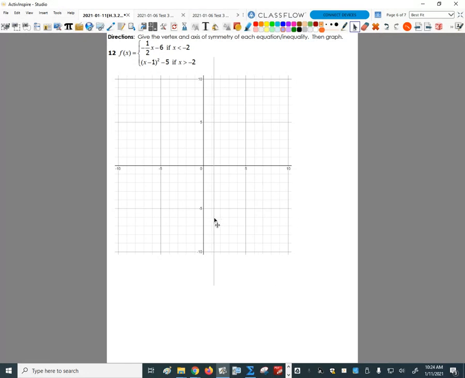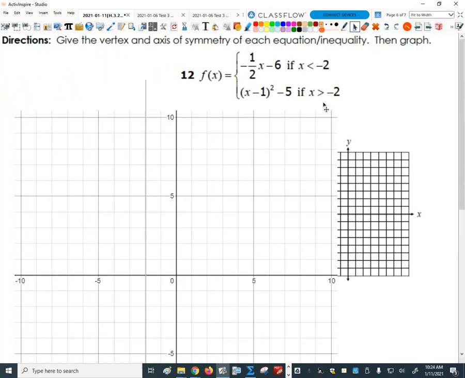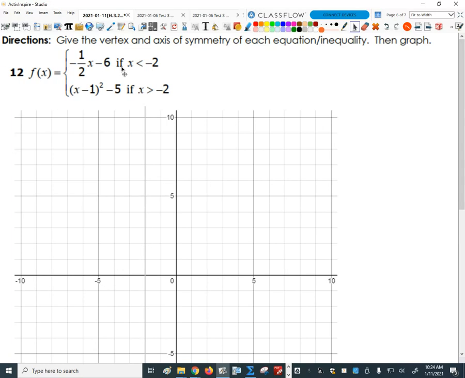Okay, so x equals -2 is right there. Oops. Oh, darn it. So there's our boundary. Everything to the left of that is going to be this boundary line.